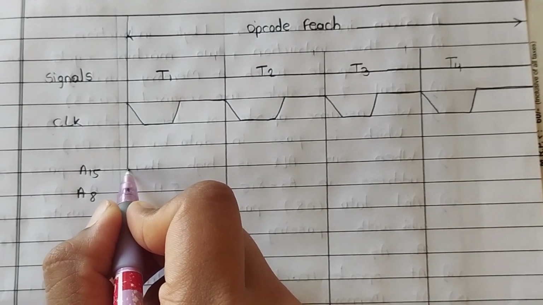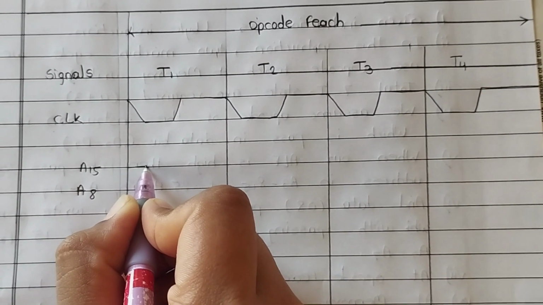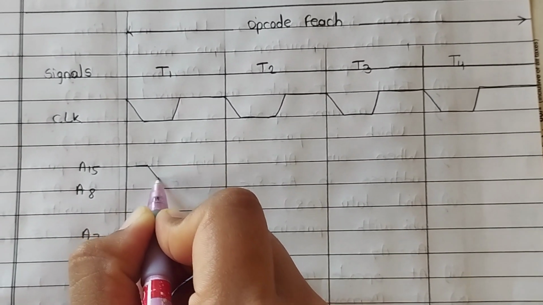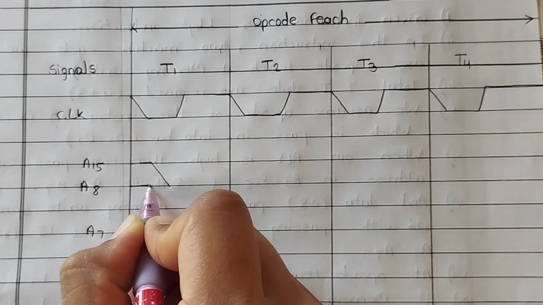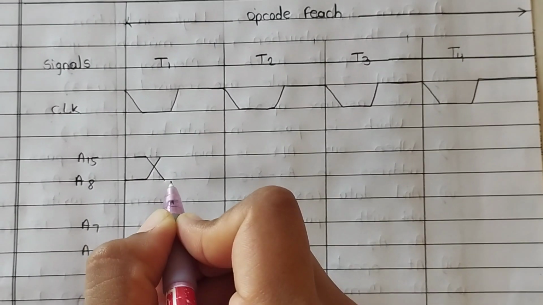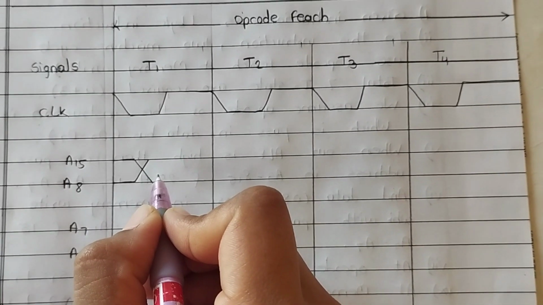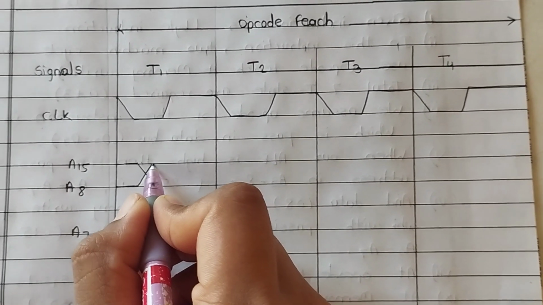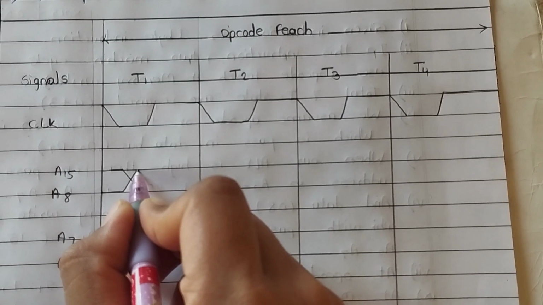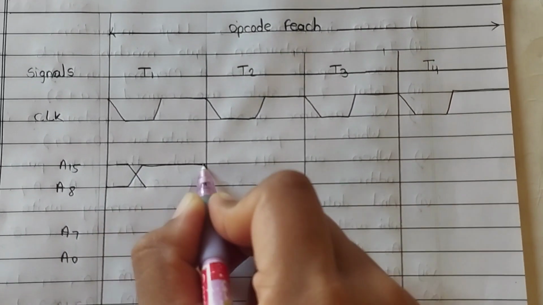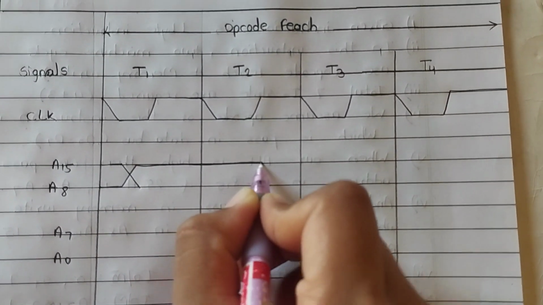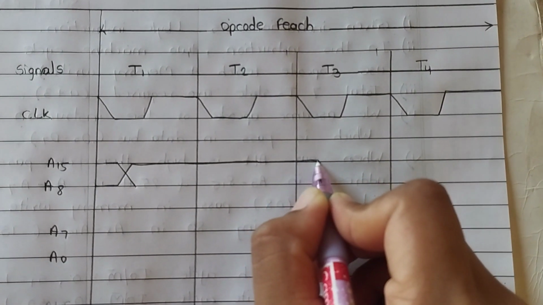At the first T state we draw, then at the fourth T state we continue with the line.